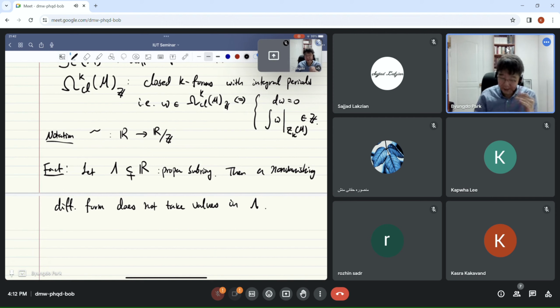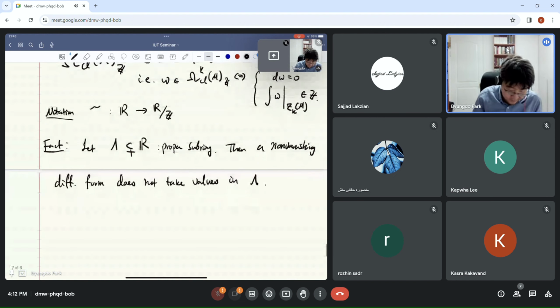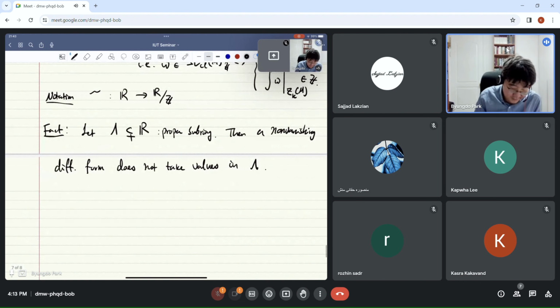Then if you feed in k vectors, that gives you some number. If the differential form has values, for example, only in integers, that violates the definition of what it means to be a differential form. So it's an easy check, but this is going to be useful later.